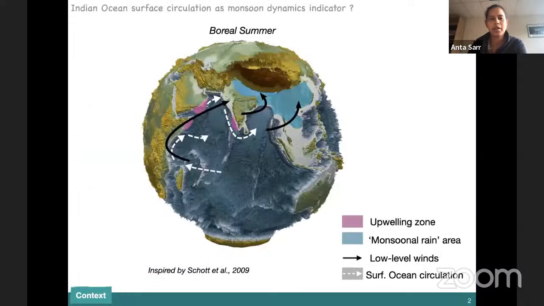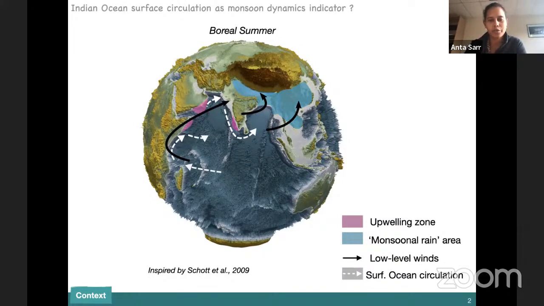Let's start with a short introduction on Indian Ocean climate dynamics, as this will be the backbone of the presentation. In this basin, we have a climatic phenomenon that we all know very well, which is the South Asian monsoon. Here we focus on the boreal summer season. During this season, the monsoon is associated with the biannual reversal of cross-equatorial wind over the Indian Ocean.